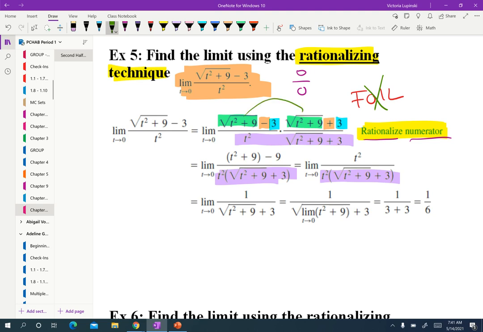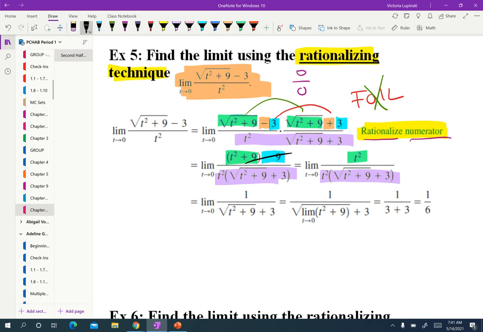So if you do the first, the square root of something times itself, the square roots just cancel, and notice that that's where I get the t squared plus 9. Then if I go to do the last, that's a negative 3 times a positive 3, which gives me a negative 9. Notice that the positive 9 and the negative 9 cancel, and all I'm left with on the top is a t squared.